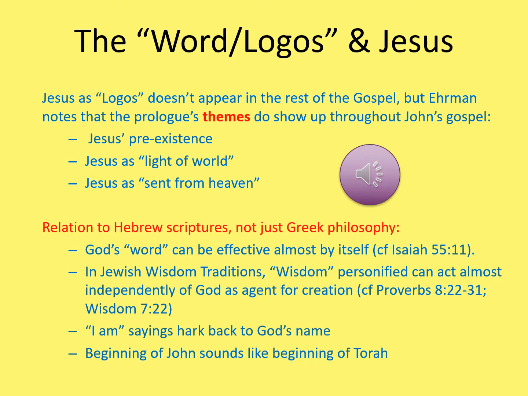In the beginning. The Greek is en arche. That's the very same way the Greek translation of Genesis begins. At the head, en arche, in the beginning. So the beginning of John is set up to sound exactly like the beginning of Torah. So there are things about that prologue that are very Greek and philosophical, but they're also very in keeping with Hebrew traditions as well.